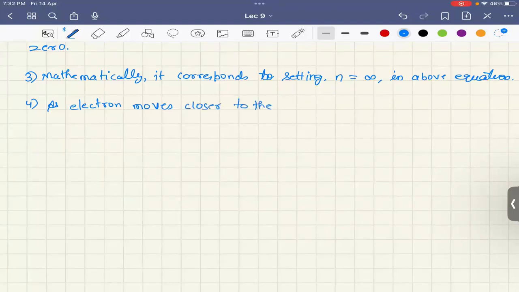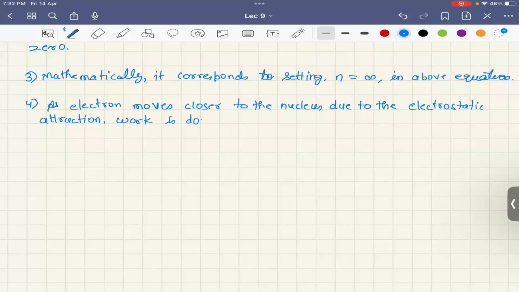Closer to the nucleus due to the electrostatic attraction, right?